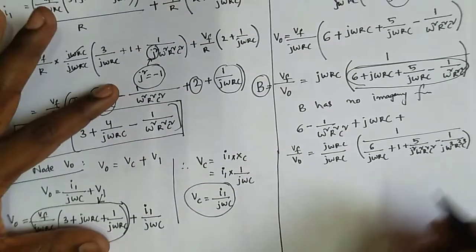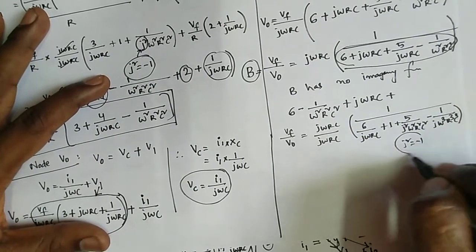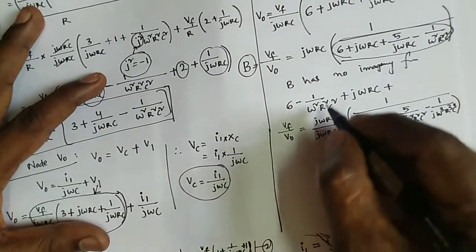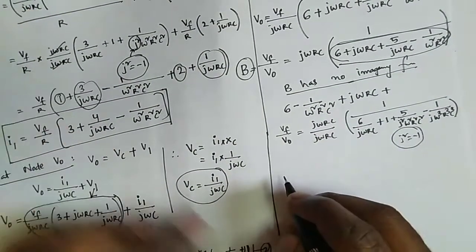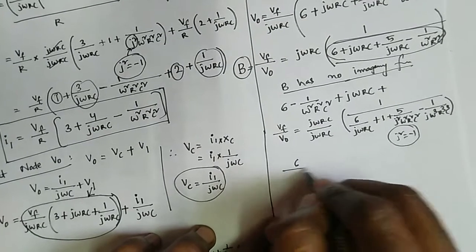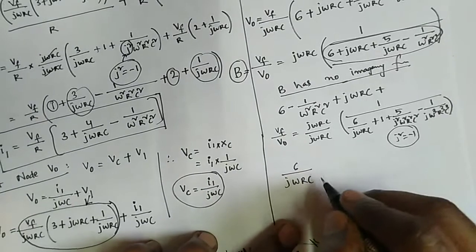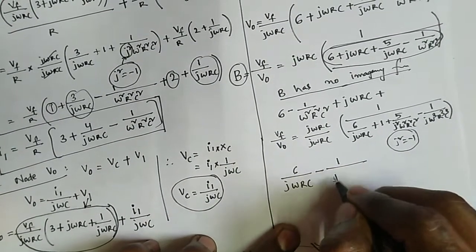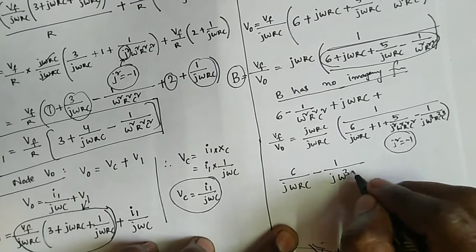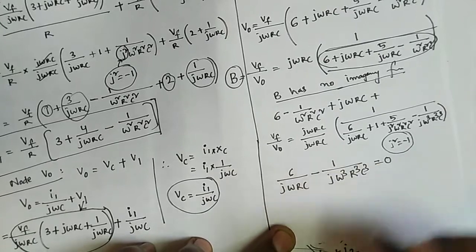This is the term. Where j square is equal to minus 1, for the final function B to have no imaginary part, the imaginary terms 6 by j omega RC and minus 1 by j omega cube r cube c cube must sum to 0.